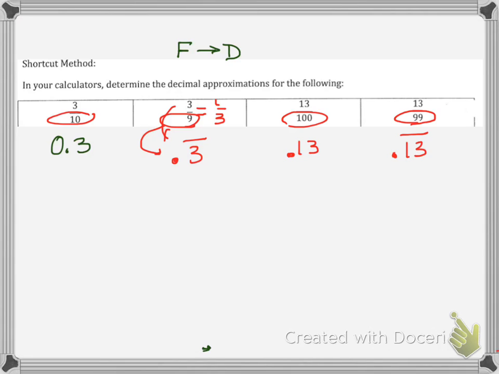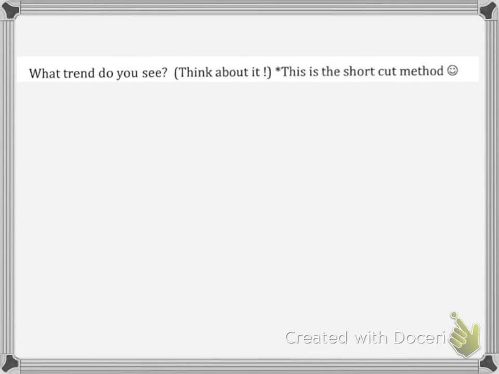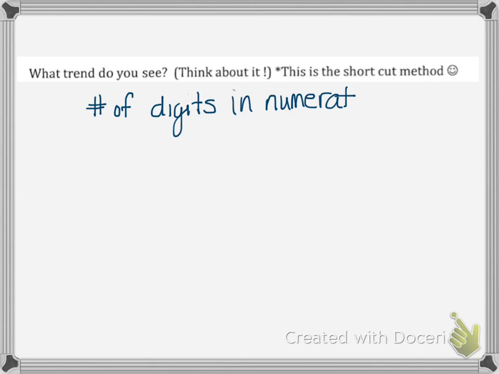What trend do you see? Hopefully in looking at that, you see if it's over 9s, 9, 99, 999, it repeats. So the number of digits in the numerator is the number of 9s in the denominator.